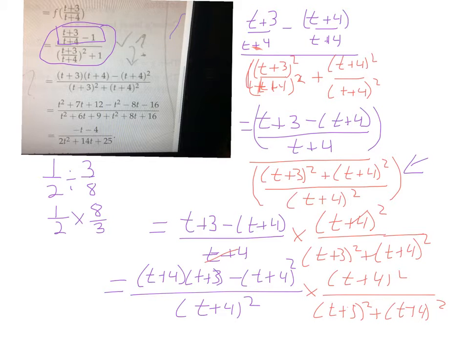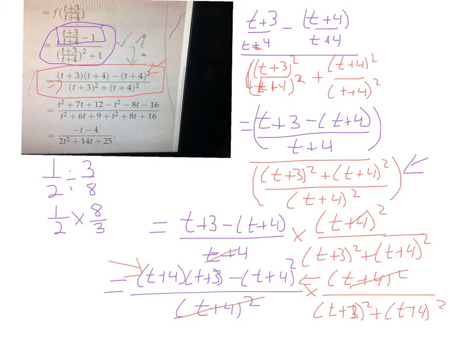We're almost there. This one now crosses out with this one. And when you have a look at what you've got left, now we are finally here, right? We've got t plus 4 times t plus 3. There it is, right there. Then we've got the minus t plus 4 squared.